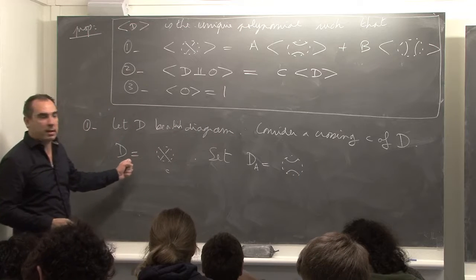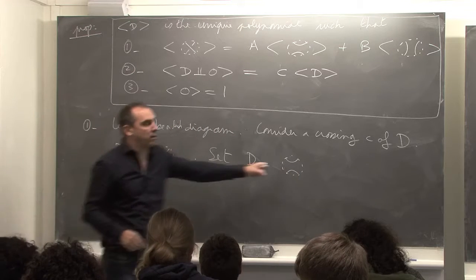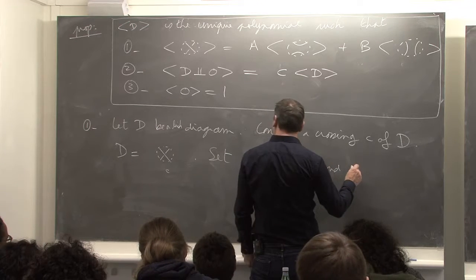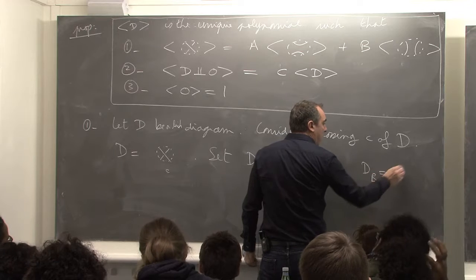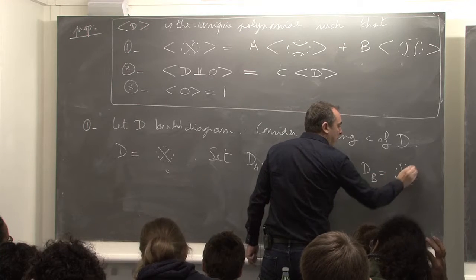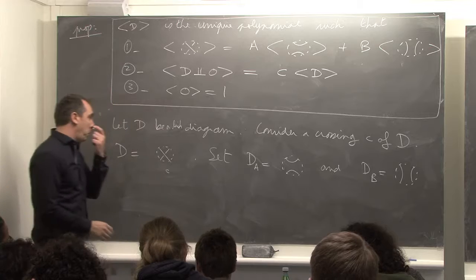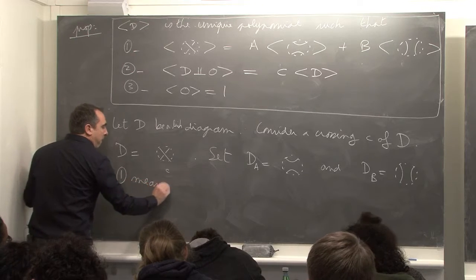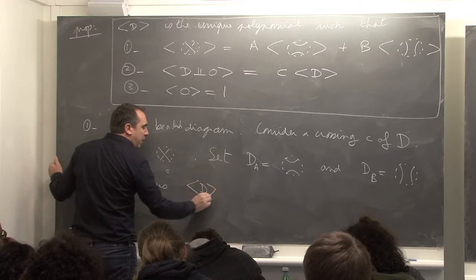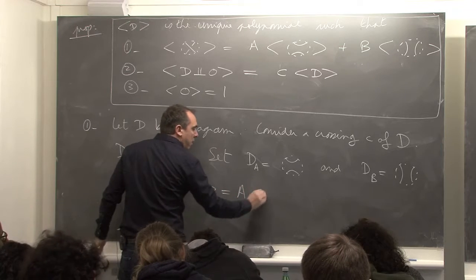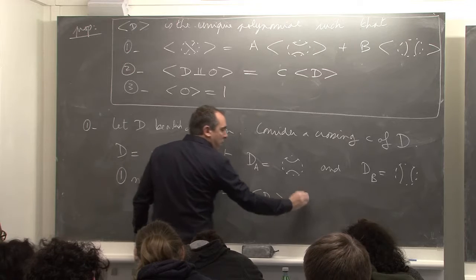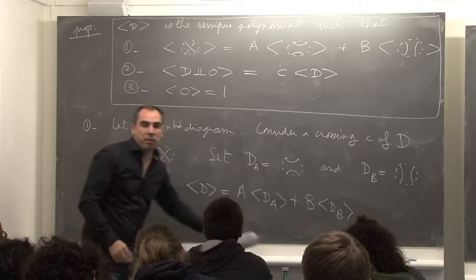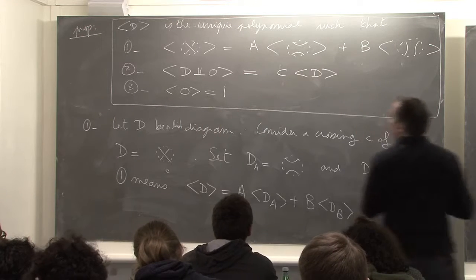It coincides with D outside the disk, and inside the disk it is like this. And dB is this one. So 1 means that D is A dA plus B dB. Okay? That's what property 1 means.